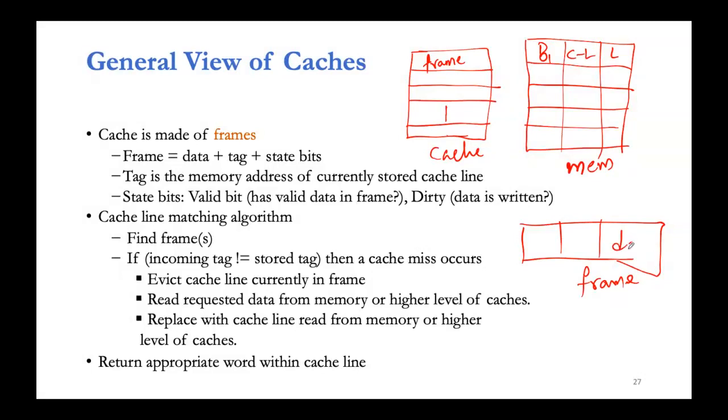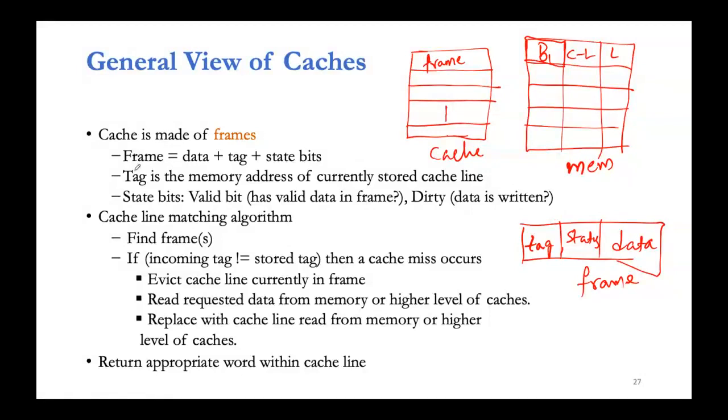One is the data field, where the data fetched from these blocks is stored. Second is a bit that says whether this data is valid or not, which we call the status bit. And third, the address at which that data is stored, which we call the tag. So the tag is nothing but the address.